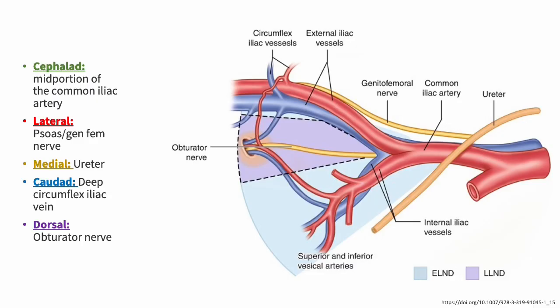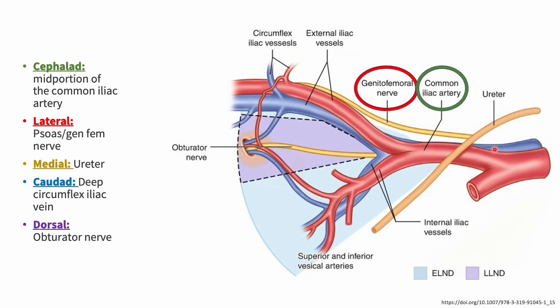And so this is a pretty nice photo here of the boundaries, and so we'll go through each of them. The cephalad being the mid common iliac artery, the lateral, the genitofemoral nerve, and you can imagine that the psoas is running under the genitofemoral nerve just in a way like this.